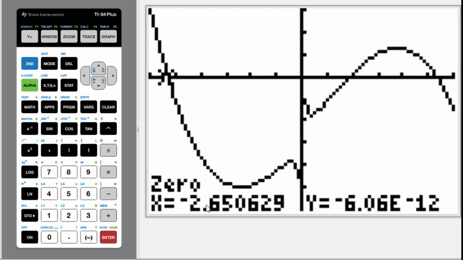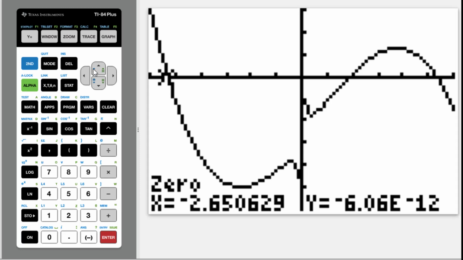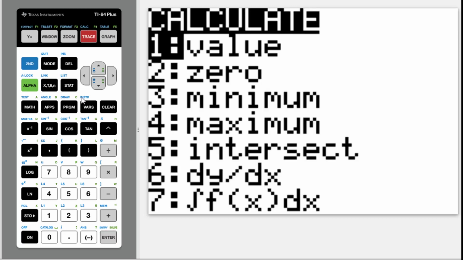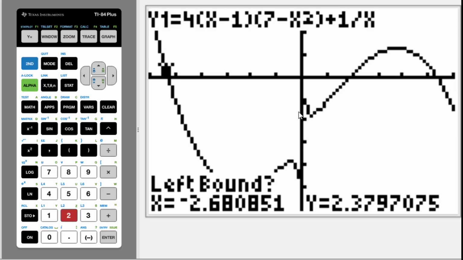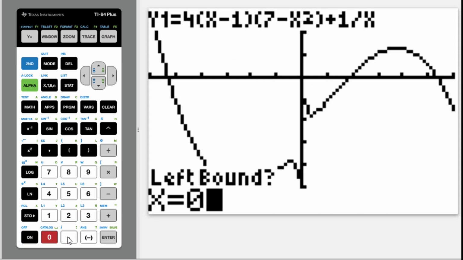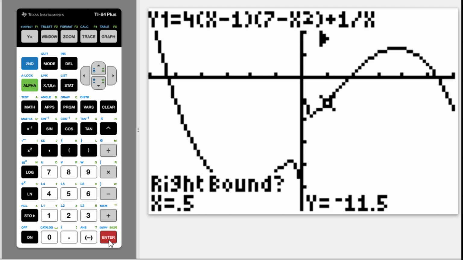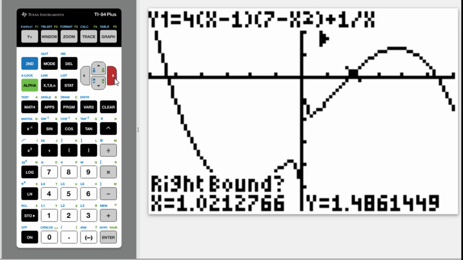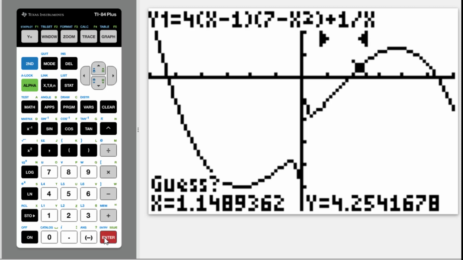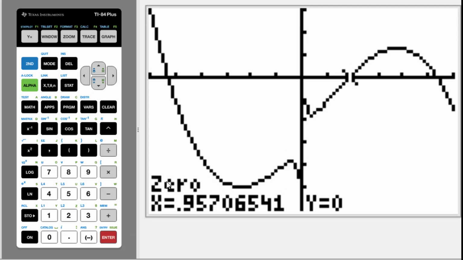You will get -2.65. Go to another 0. This one, this is a 0.5. Then move. Enter, enter. Answer will be 0.957.